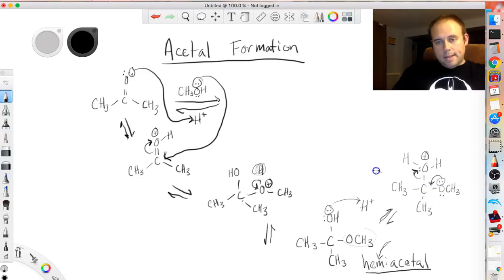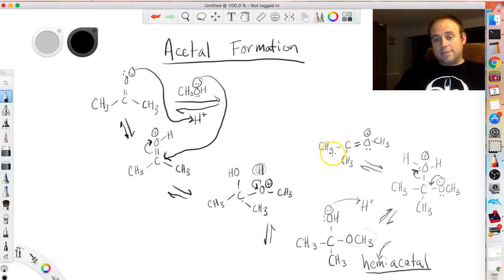And so what happens, the water gets kicked off, and we end up with a structure, CH3, C, CH3, O, CH3, and that OCH3 is double bonded to this carbon right here. So the oxygen has the plus charge in this case. So carbon still has 4 bonds. That's fine. I'm not violating any type of valence rules.